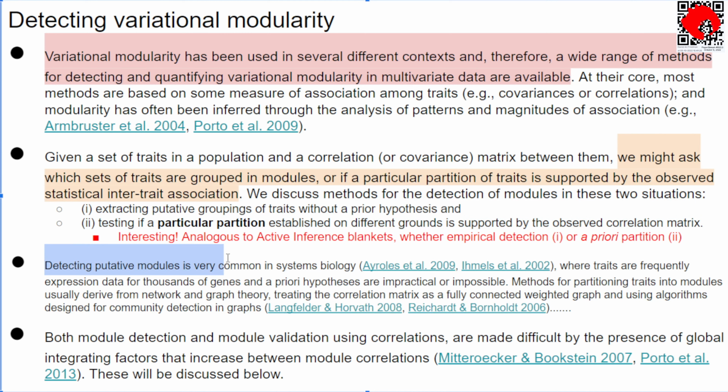Detecting putative modules is very common in systems biology, where traits are frequently expression data for thousands of genes, and a priori hypotheses are impractical or impossible. So an example there is gene expression analysis, where there might be 10 to 30 or 1,000 more of the loci that alignment is being calculated for.